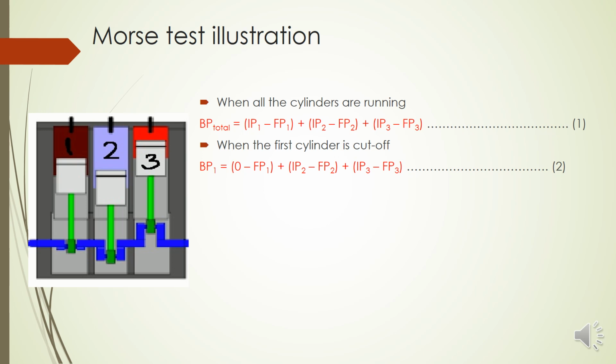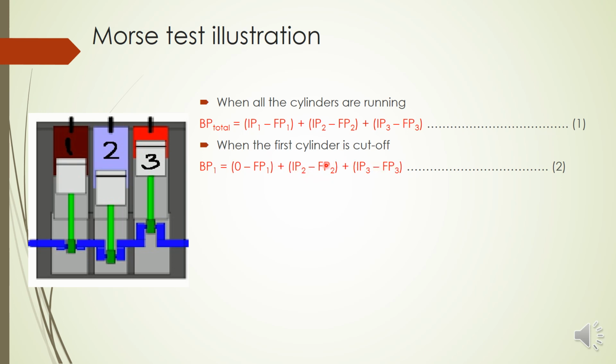The first cylinder we are cutting, so the indicated power of the first cylinder vanishes. But the friction power remains the same because it is run with the help of the other cylinders. The friction power, the negative power, will be there and the remaining terms will be the same.